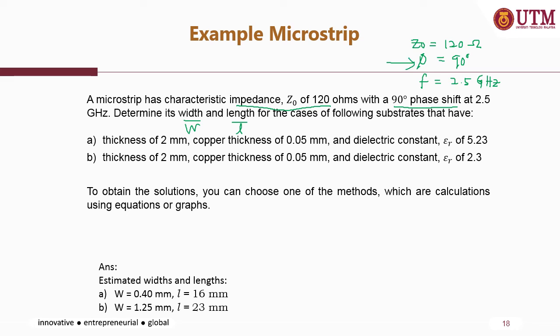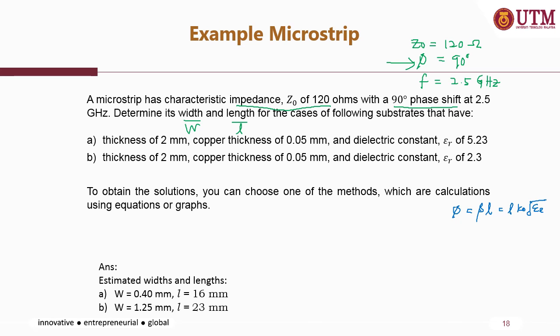However, here you need to consider the phase shift. The line is required to produce a phase shift of 90 degrees, therefore you can calculate L by considering the phase shift. The phase shift equals beta L, where beta is K0 times the square root of epsilon E in this case.